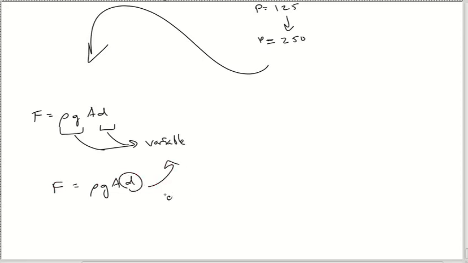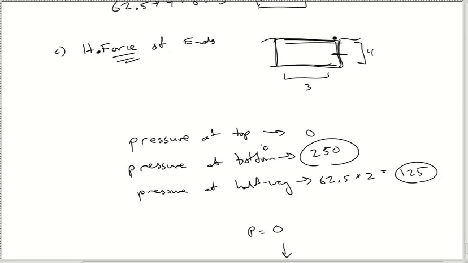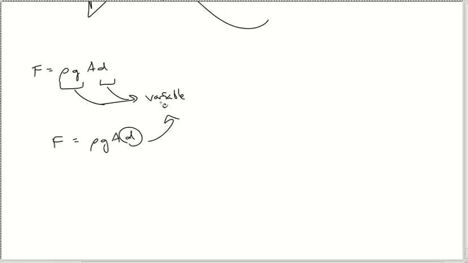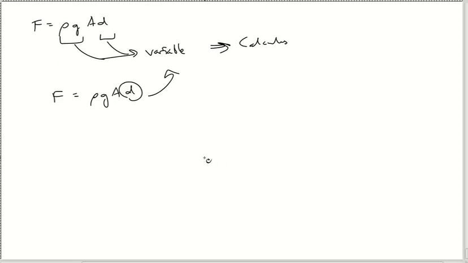We already know that because my depth varies as I go down. I mean, you could say, oh, well, my depth is 4. But really, you have a depth of 0, a depth of 1, a depth of 2, a depth of 3, a depth of 4. You got all these variables in there. So variable, you know what that means? It means calculus. Yeah, it means calculus, and in particular, integrals.